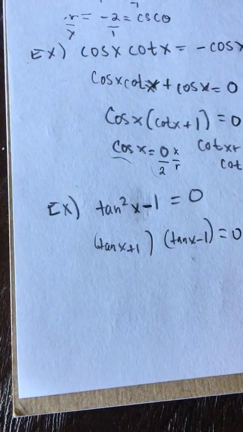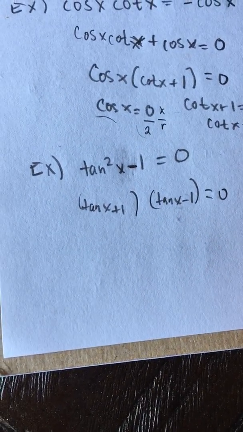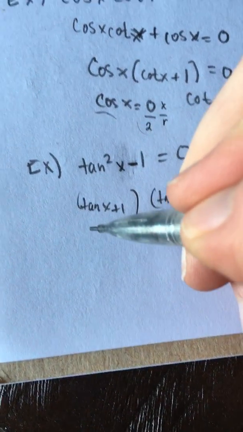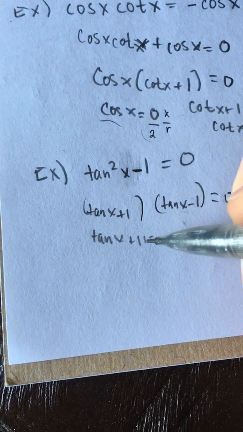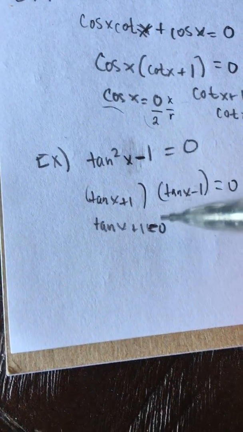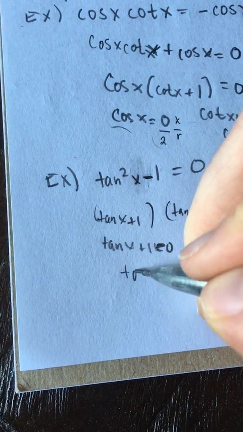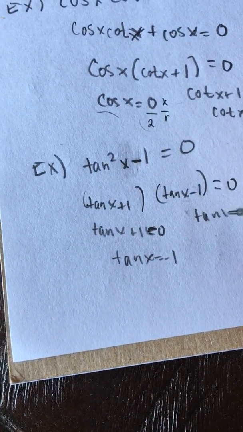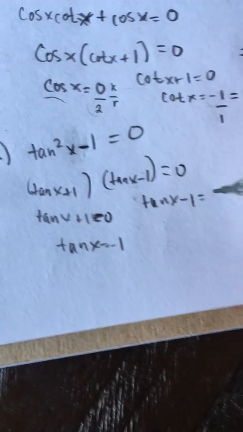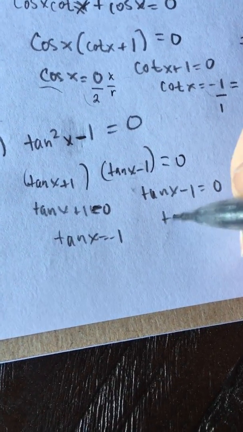With this, I am going to set each of these equal to 0. Tan x plus 1 equals 0, minus over the 1, tan x is equal to negative 1. Tan x minus 1 equal to 0, add over the 1, tan x equal to 1.